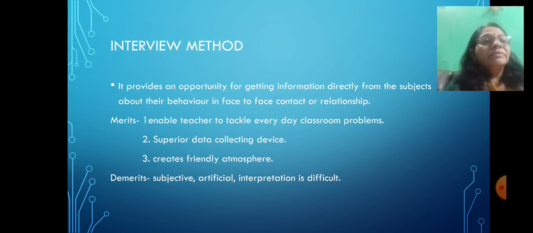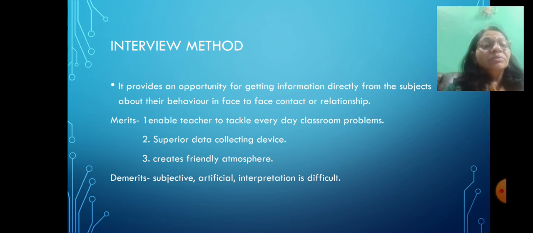So let us know what the interview method is. The interview method is a face-to-face situation where an interviewer and an interviewee communicate with each other, and the interviewer tries to find out some information and facts by seeing the facial expressions, body movements, and gestures. The merit is that it is a superior data collecting method, it has a healthy atmosphere, and rapport is established quickly between two persons.